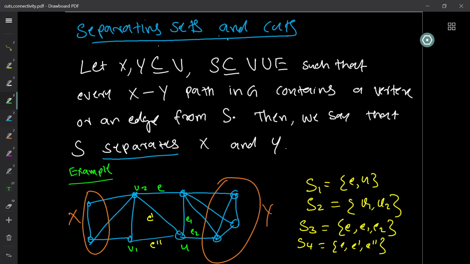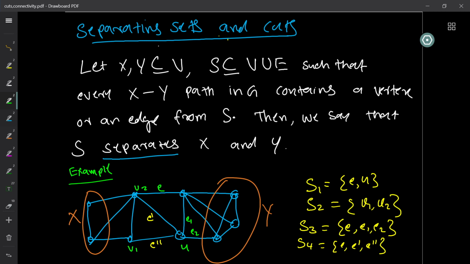You have x and y subsets of the vertex set V, and you have a set S which is a subset of the union of the vertices and edges. If S is such that every xy path in the graph contains a vertex or some edge from the set S, then we say that S separates x and y.